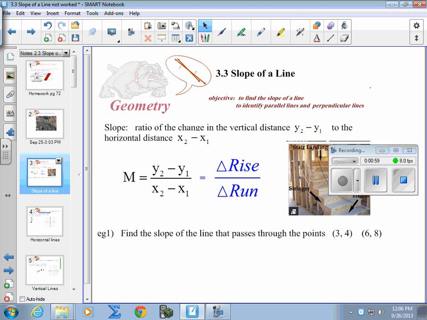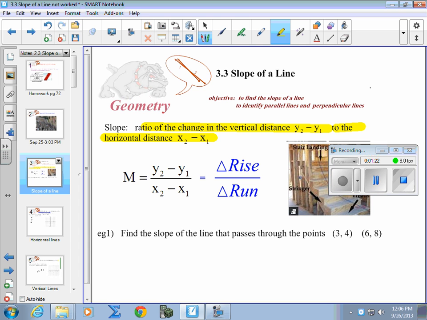So the first thing I want to do is go over what slope is. Slope is the ratio of the change in the vertical distance, which is y sub 2 minus y sub 1, over the horizontal distance, which is x sub 2 minus x sub 1.